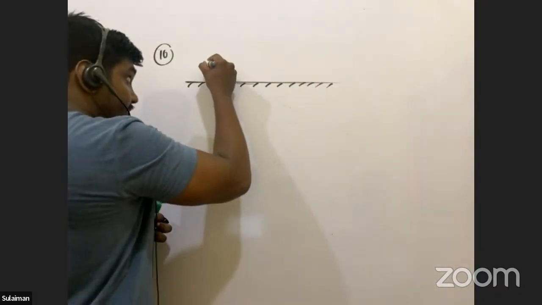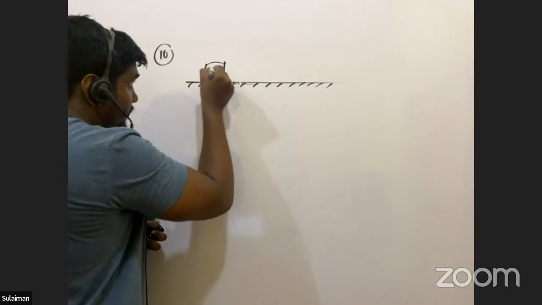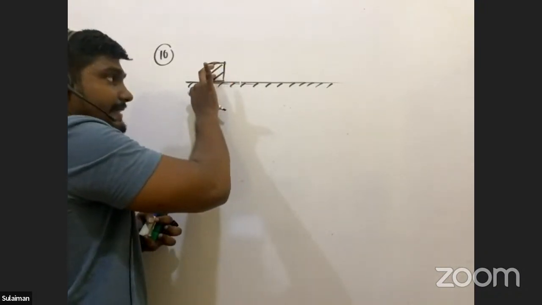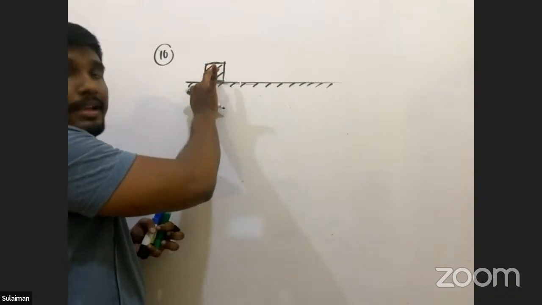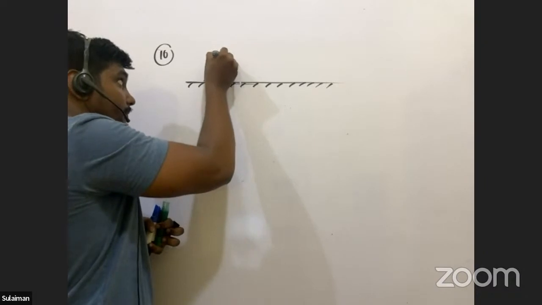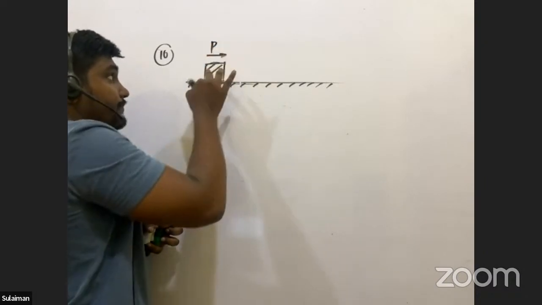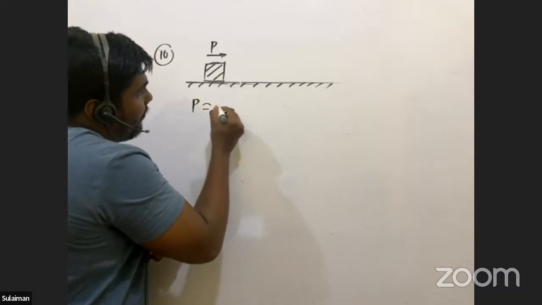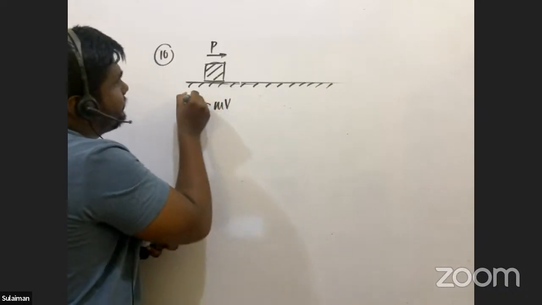Now that's an object. Let's say initially the linear momentum of this object is capital P. Now what is linear momentum? Linear momentum means mass into velocity.